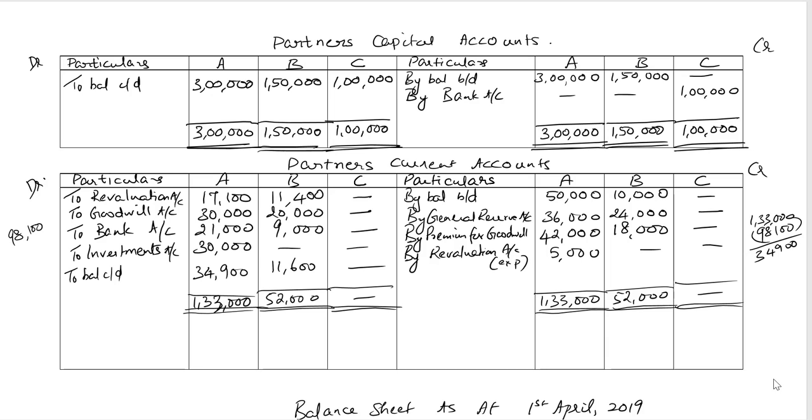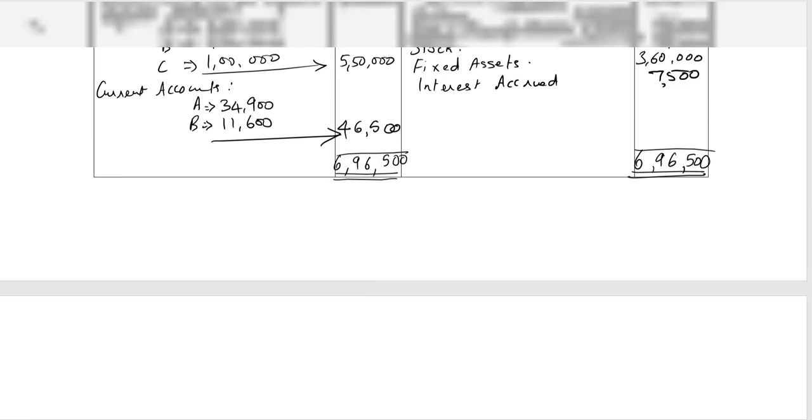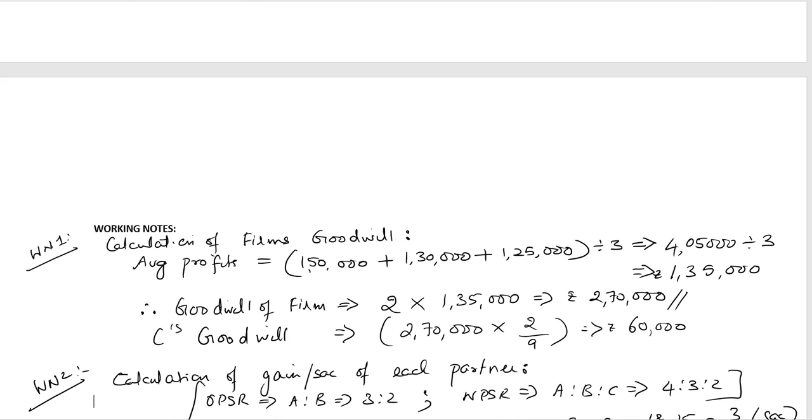Partners' current account balances. In the case of A 34,900 rupees and in the case of B 11,600 rupees. This is a balance sheet that was prepared by us. These were the working notes.